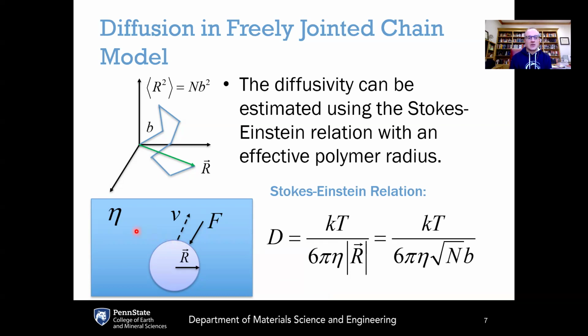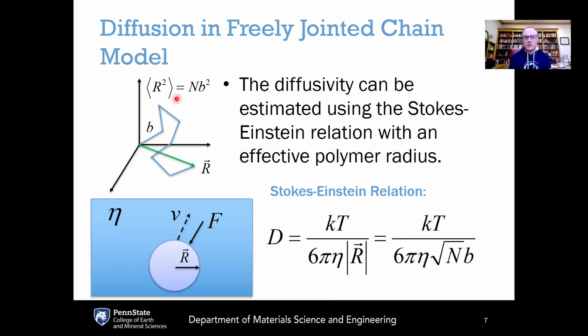So in this case, we're assuming that the solvent that this polymer chain is in is acting like a homogeneous fluid with a shear viscosity of eta. We've got an effective radius here of r, and then applying the Stokes-Einstein directly using this equation for this mean squared displacement, what we get is that the diffusion coefficient is equal to Boltzmann's constant times temperature divided by 6 pi times the shear viscosity of the medium.